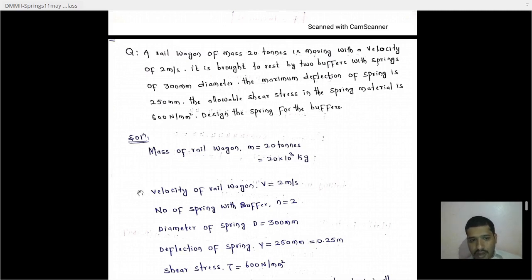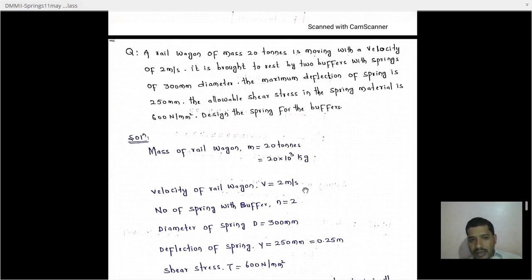The mass of the rail wagon M equal to 20 ton is moving with a velocity of 2 meter per second.